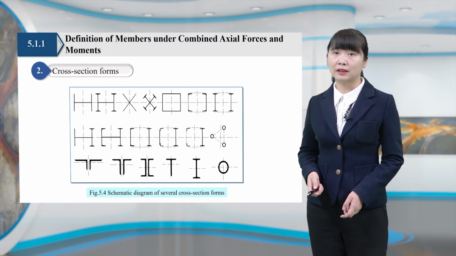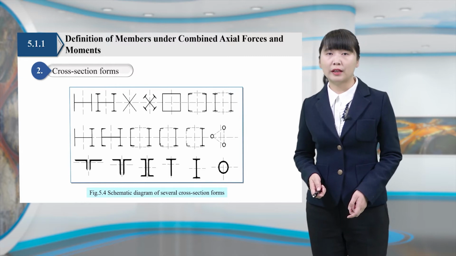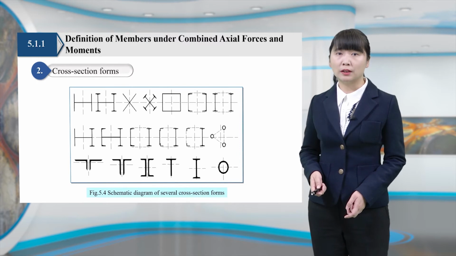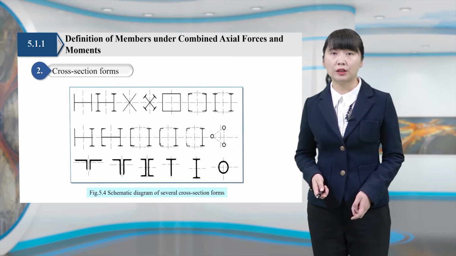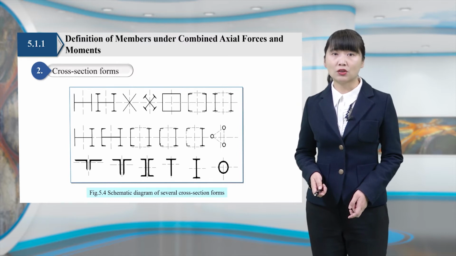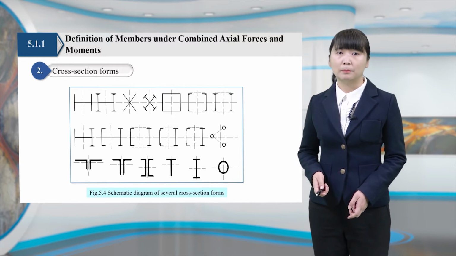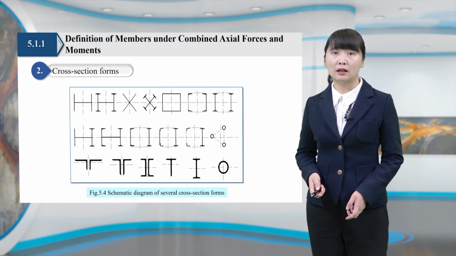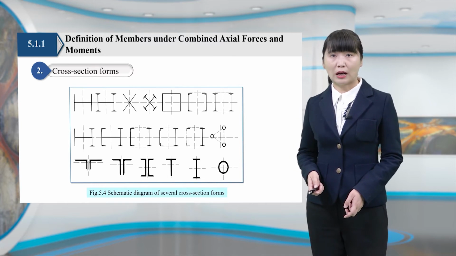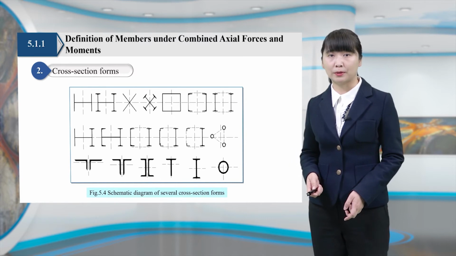When the calculated length of the component is large and the load is large, the built-up section is usually adopted to improve the bending rigidity of the section. The selection of the section of the member under combined axial forces and moments depends on the use, load, fabrication, construction, amount of steel, and other factors of the member.